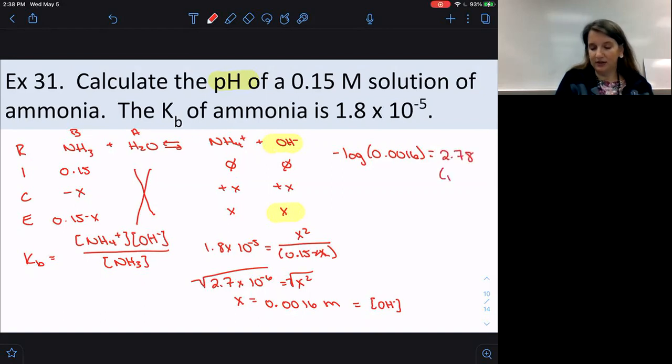And remember, this is the pOH. So to get from pOH to pH, we subtract from 14. And our pH is going to be 11.22. We want those two numbers after the decimal point for sig figs. That would be my answer, my pH. Okay?